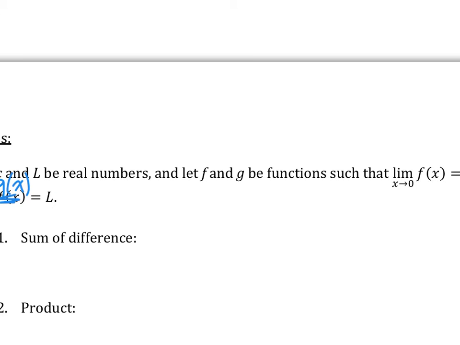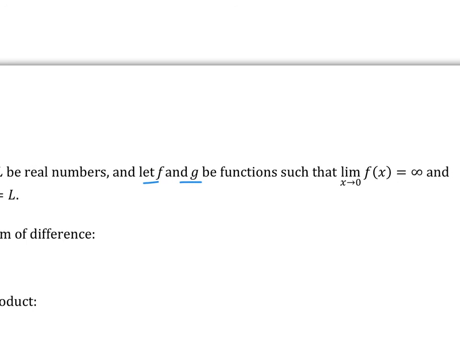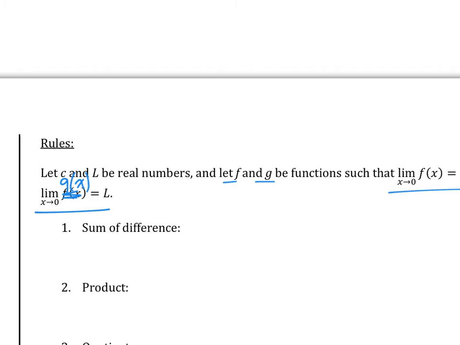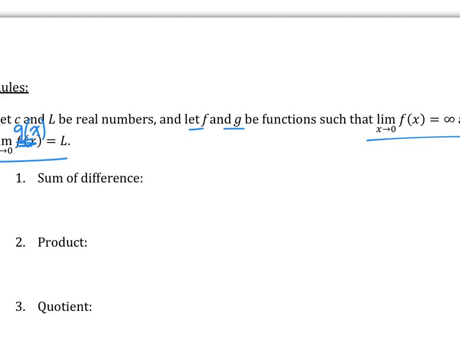So you have two functions, f and g. When x is going to 0, f goes to infinity. So basically there is no limit, it's not defined. The limit for g, however, goes to an actual number. That number is L.